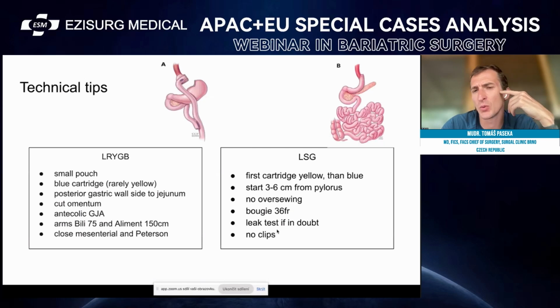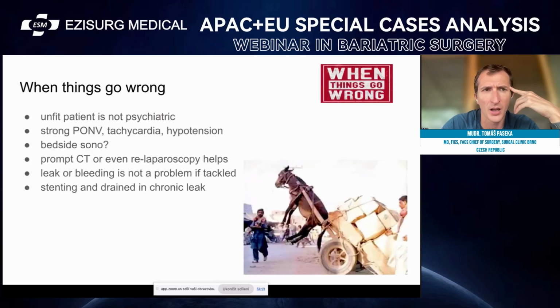We do leak test only in doubt, unlike in bypass where we use leak test all the time, and we use no clips because we want to prevent any inconvenient situation in future when redo surgery can be met with. If you encounter a clip in the new staple line, it can lead to cracking the line.